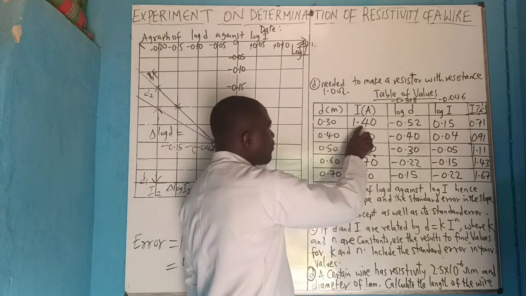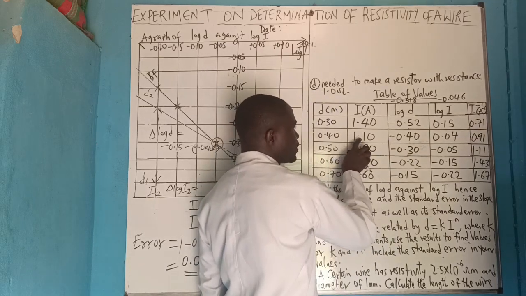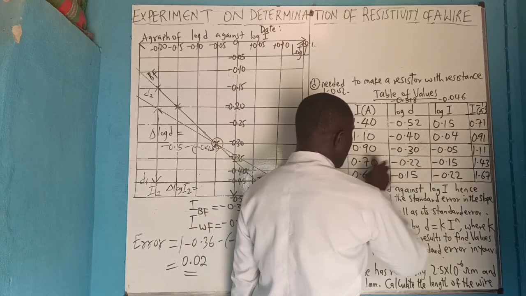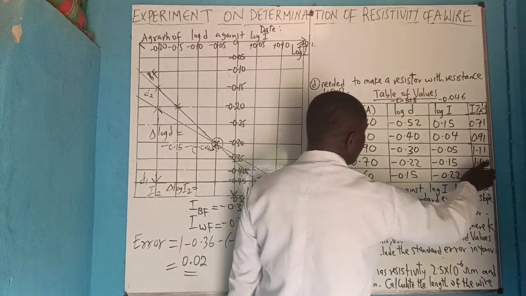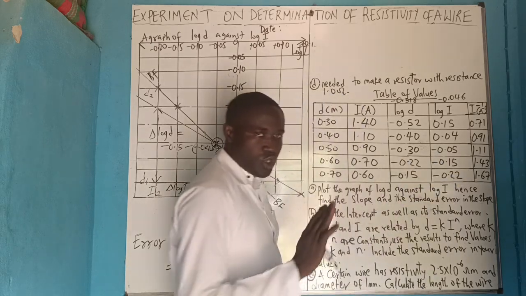So, inverse of 1.4 is 0.71. Inverse of 1.1 is 0.91. Inverse of 0.9 is 1.11. Inverse of 0.7 is 1.43. Inverse of 0.6 is 1.67. You note it.